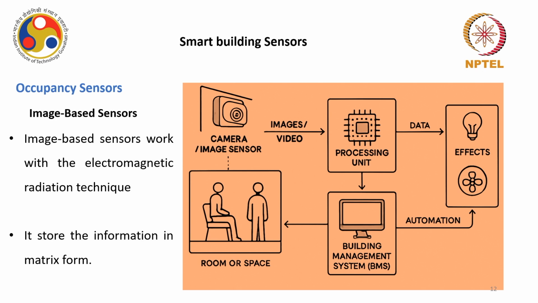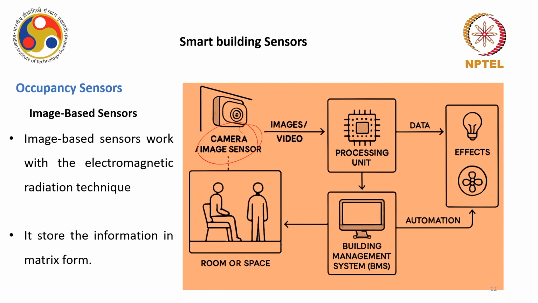The advantage of this kind of device is that they store the information in a matrix form, which can be fetched later on, even if the person has not occupied that area for some time. You have a camera or image sensor that captures the room or space under monitoring, and then a processing unit where the data can be processed and decisions can be made.